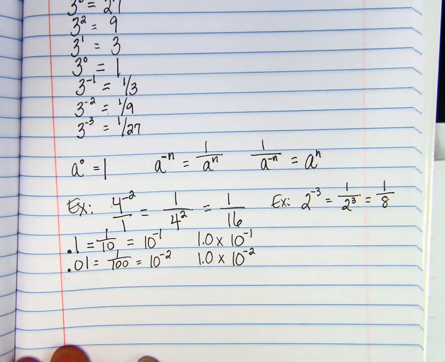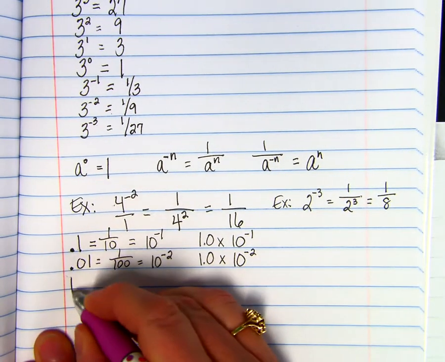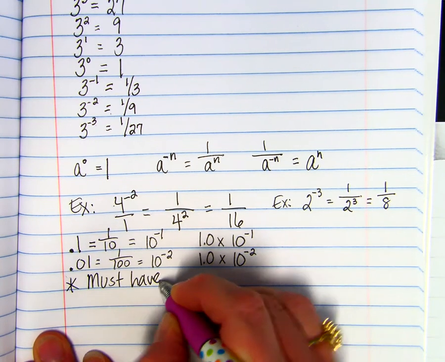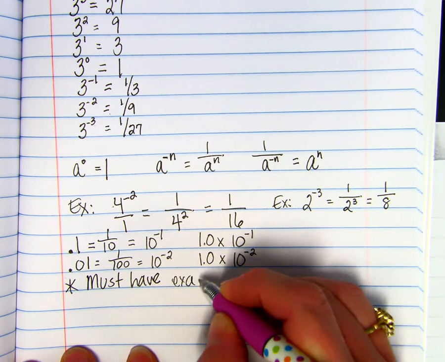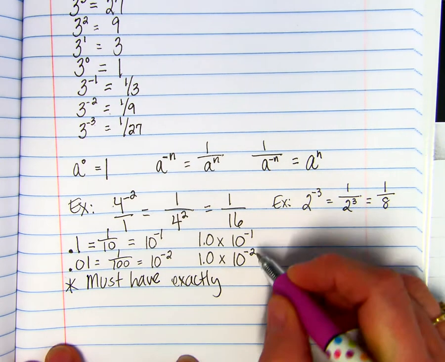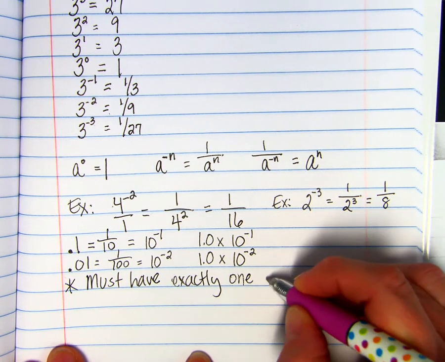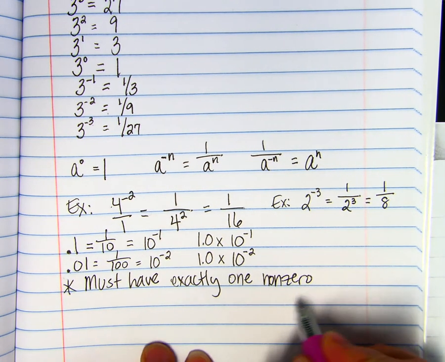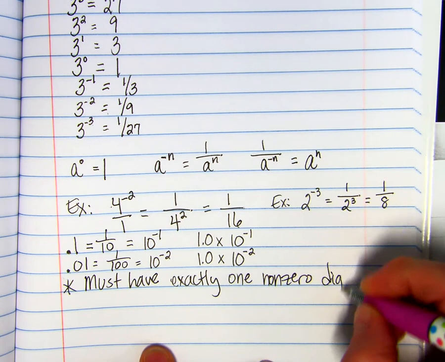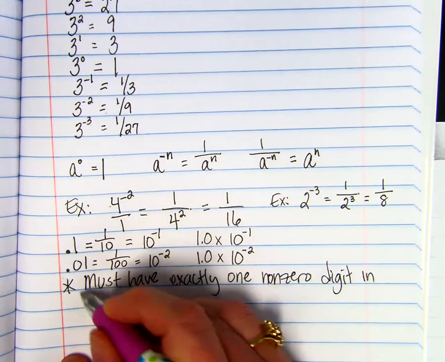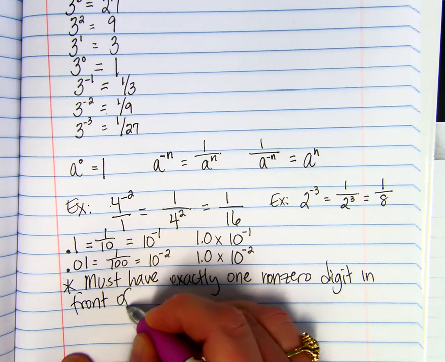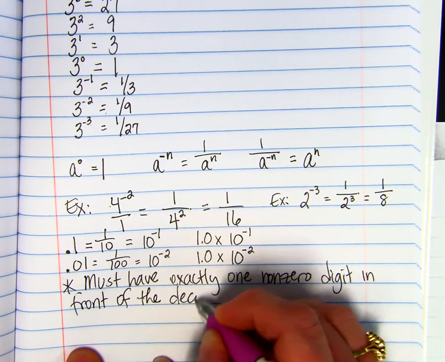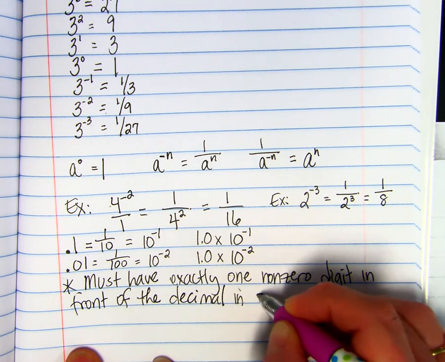There's one thing that we want to remember, that you must have exactly, no more, no less, 1 non-zero digit in front of the decimal in scientific notation.